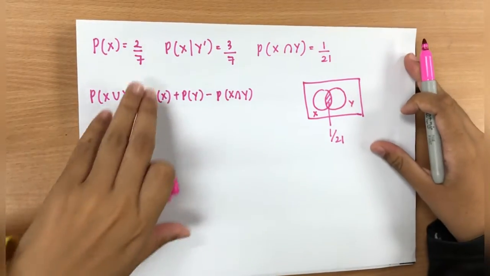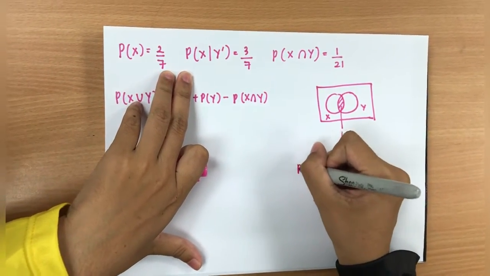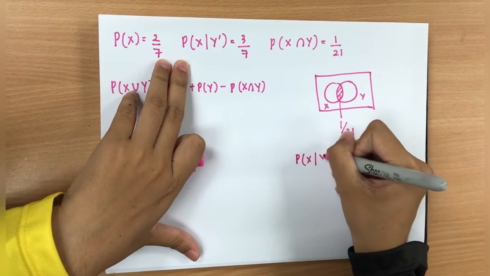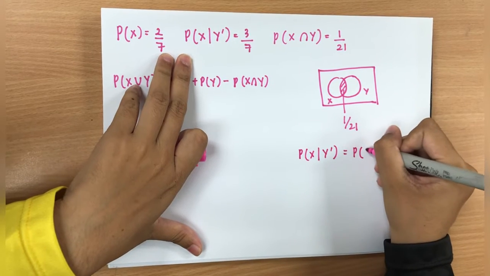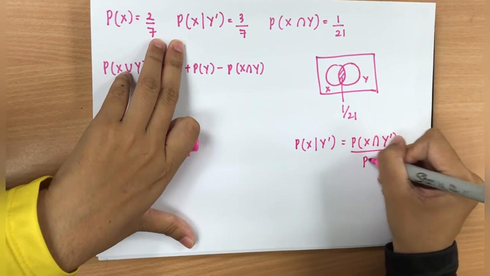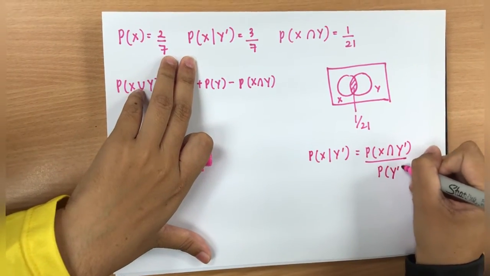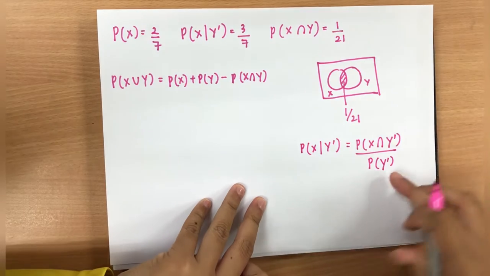P(X given Y prime) equals P(X intersect Y prime) over P(Y prime). So we can find probability Y prime.